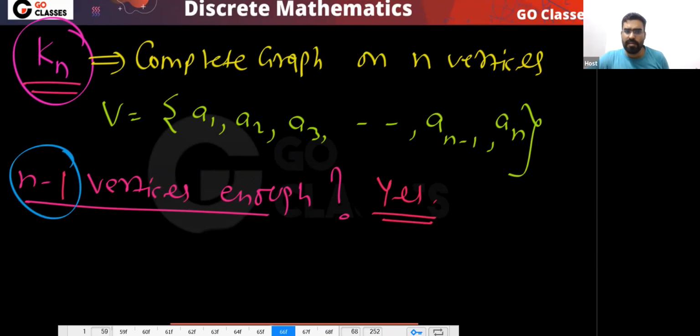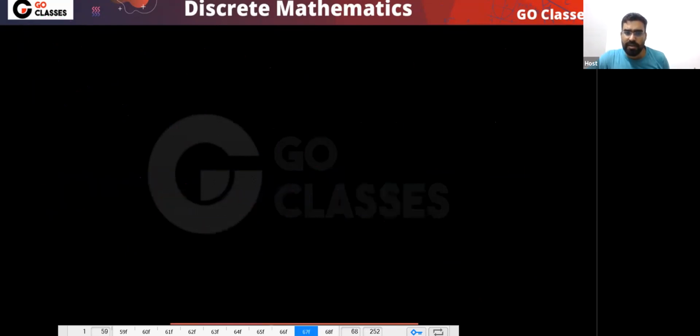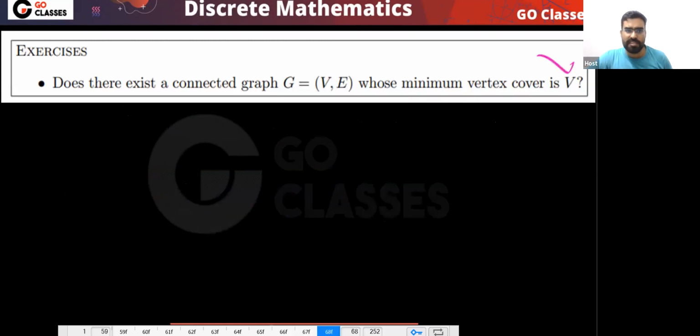Is this clear? In the worst case, do you need all the vertices? Does there exist any graph for which you need all the vertices? You will never need all the vertices, because n minus 1 vertices will do.